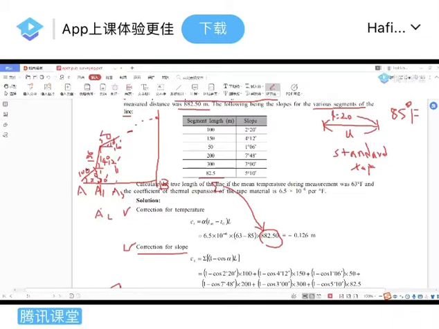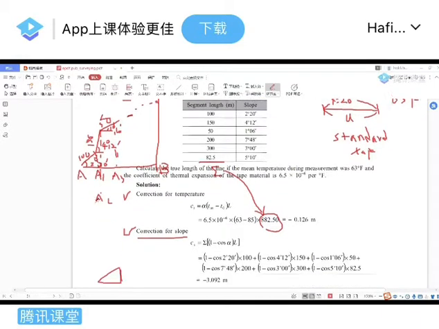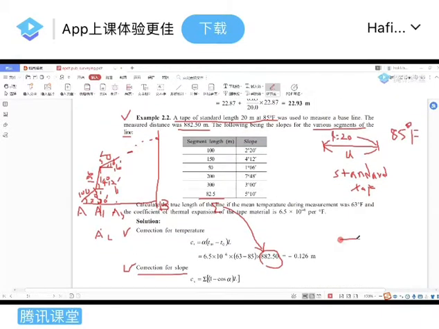So this one is 100 times cosine of something. In the end, you'll get something like this. This is your L1. This is your L2. L2 is 180. L3. L1, L2, L3, keep on going.